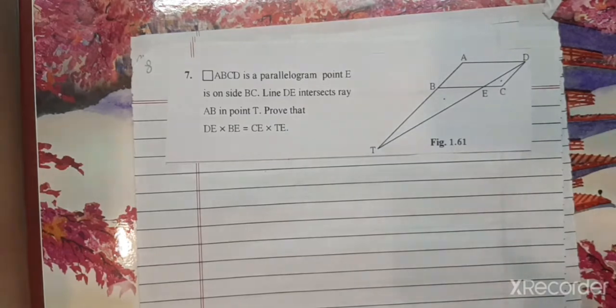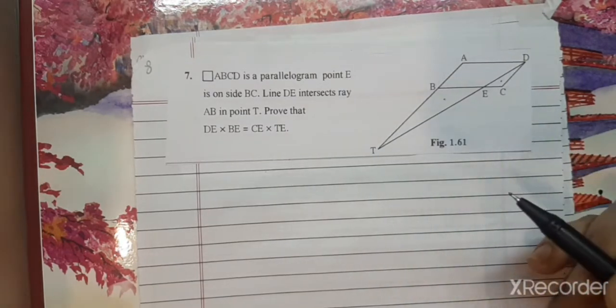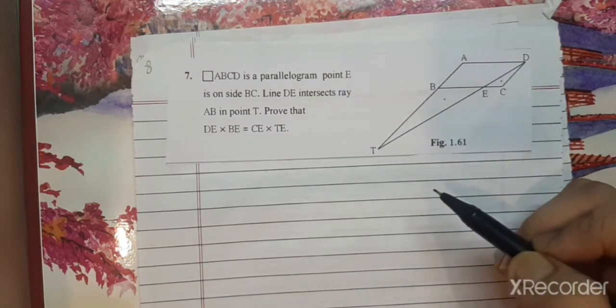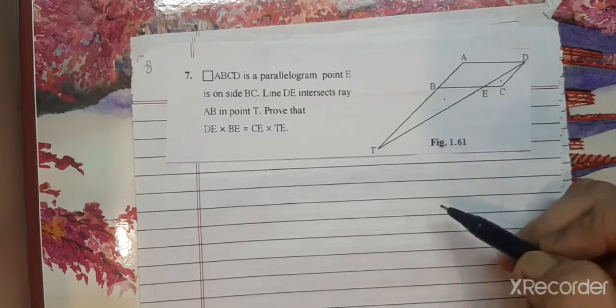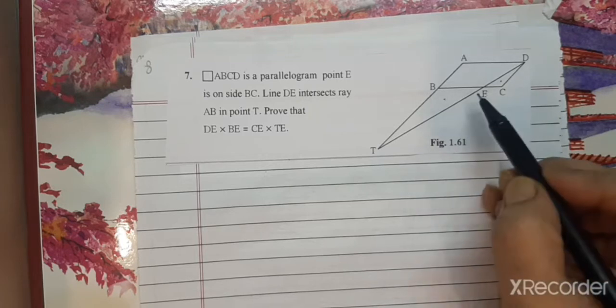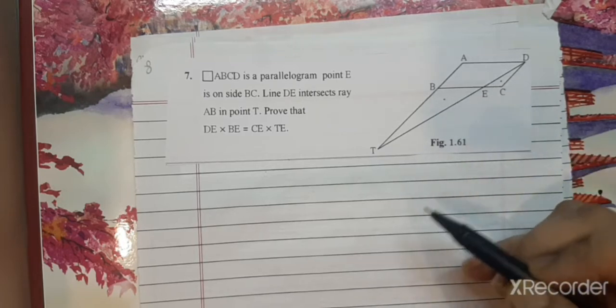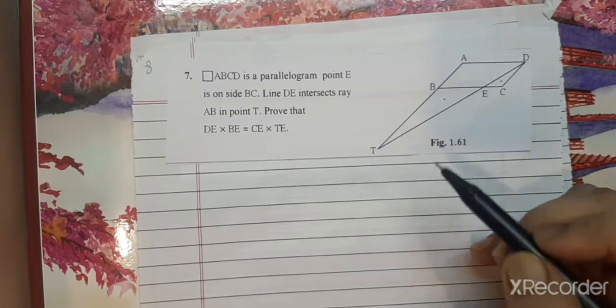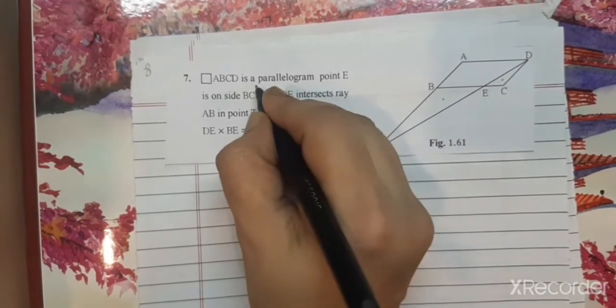Okay, so we begin. Now to prove the triangles are similar, again, by which test? We don't know anything about the sides. So look at the angles. Yes, there are vertically opposite angles, but what about the other angle? One more piece of information given here is parallelogram.